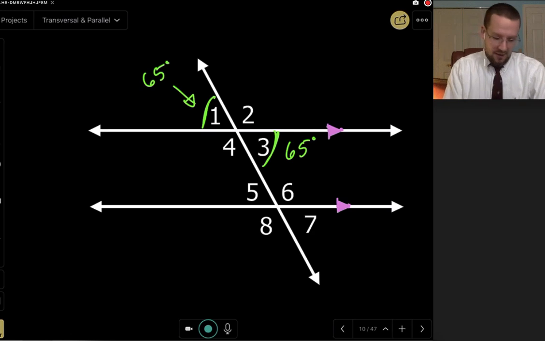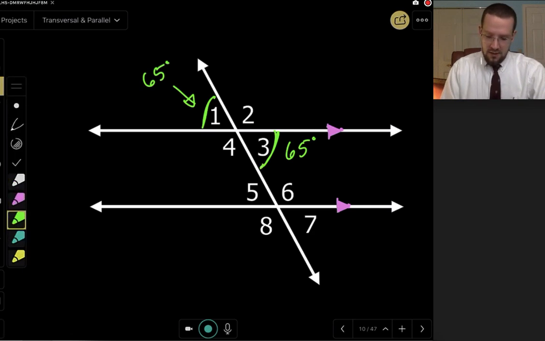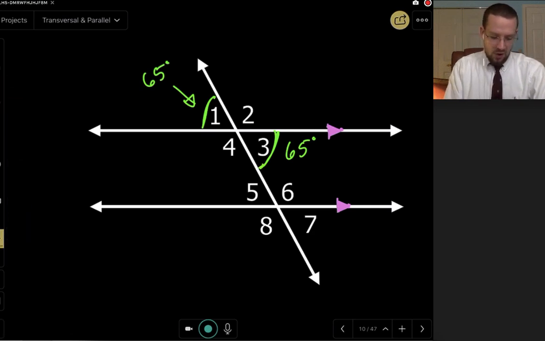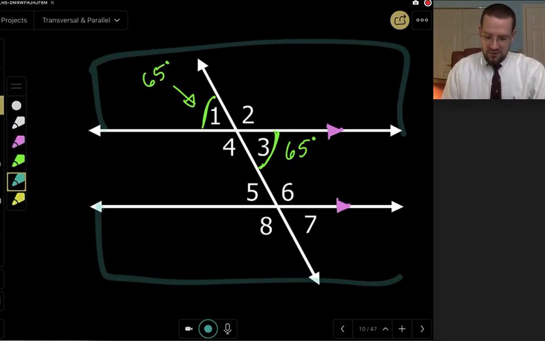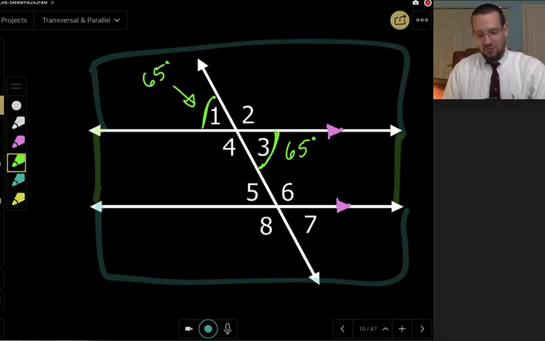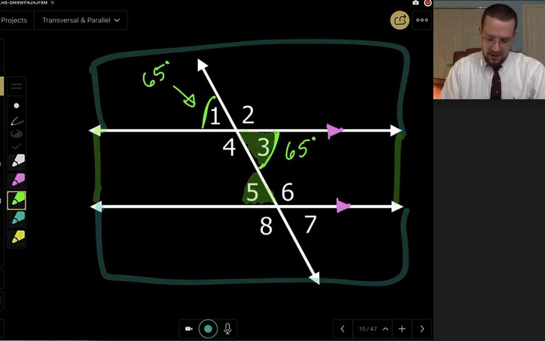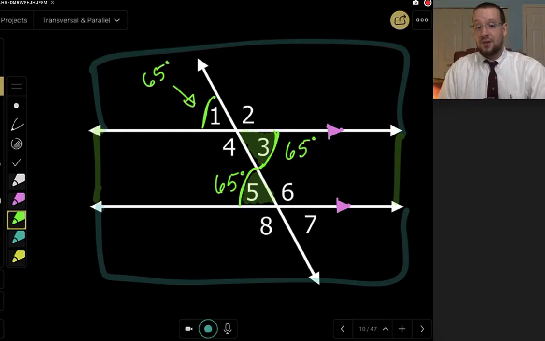Now, I'm looking for an alternating interior angle, right? Because this is my transversal region. Blue is the outside, the bread of the sandwich. Green is the inside. And so I'm looking at angle 3. And watch this. If I look at angle 3 and angle 5, these are alternating interior angles. So that is also 65 degrees.